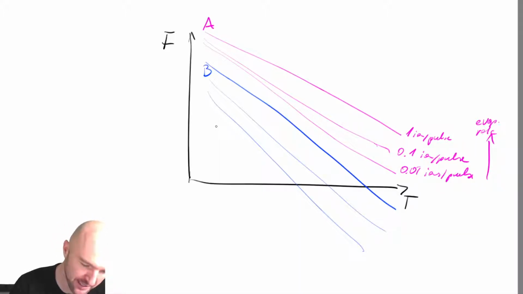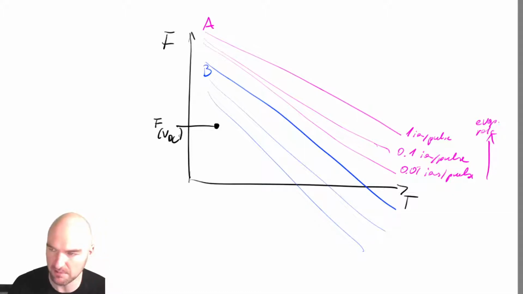So we might have our sample at a particular voltage, and in a particular state when we start measuring. We don't actually want anything to evaporate between the pulses. So this is our F from our DC voltage. We have a DC voltage applied, and this is where we're standing with our DC voltage.